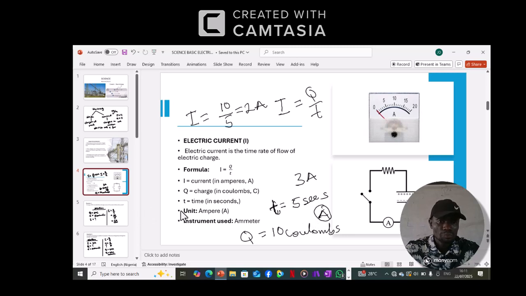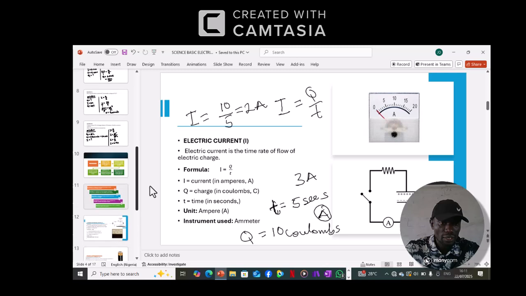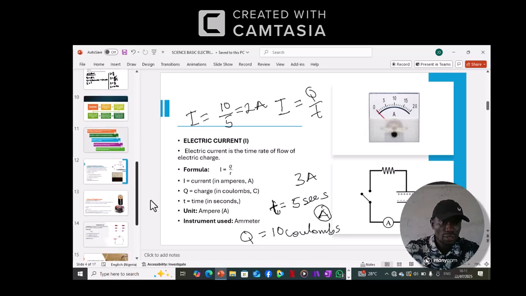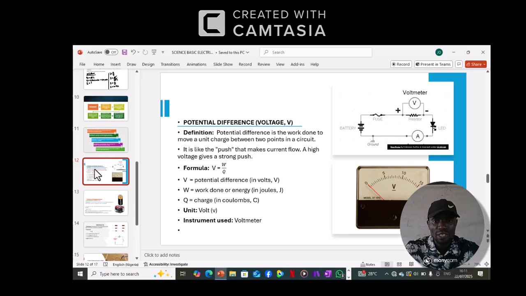So we are going to stop there today. Next class we look at potential difference. You see, current cannot just flow. Something must push it. Electrons cannot flow by themselves.